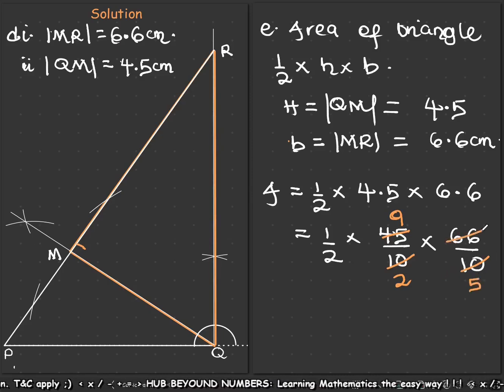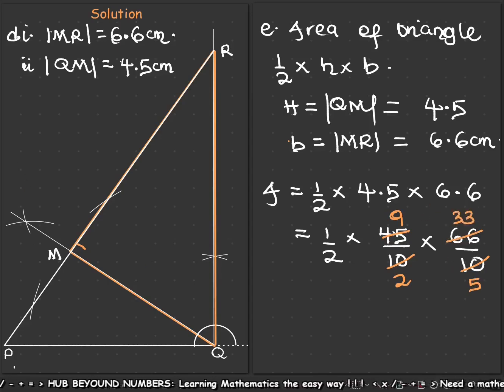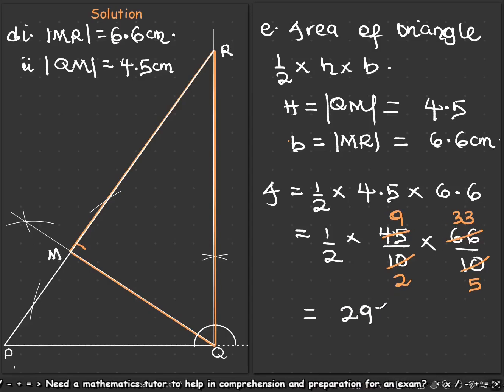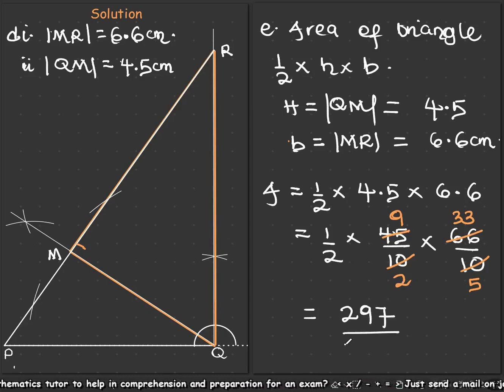Then it divides 66 33 times. So evaluating further, we are then going to get 9 times 33, which will give us 297 over 2 times 2 times 5. That is 20.